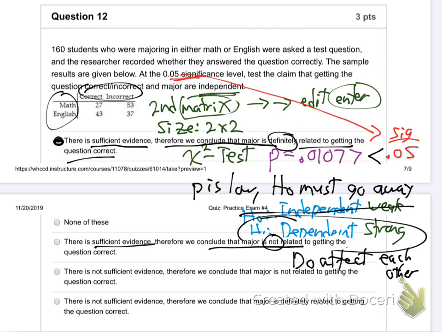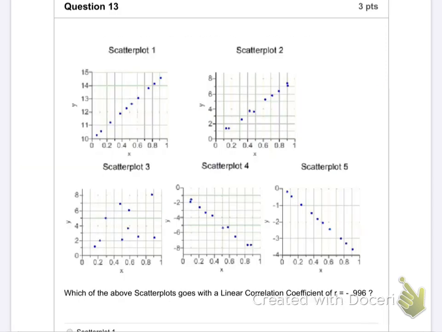Is that good? 2 more to go. Number 13. Which one of those scatter plots goes with negative 0.996? Can you tell which one of those it is?